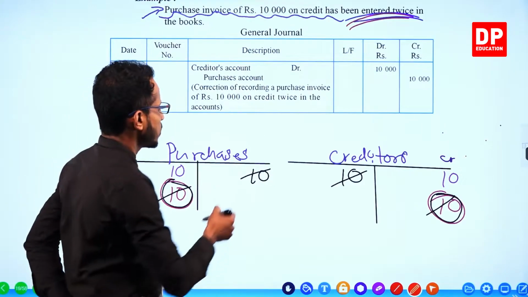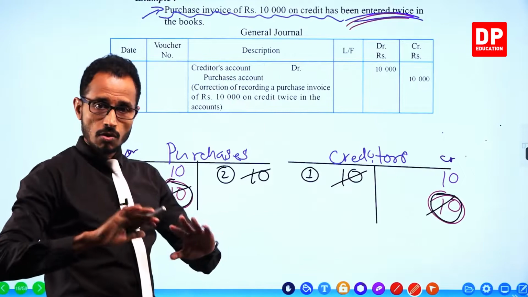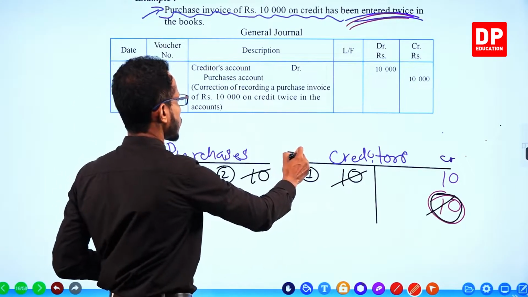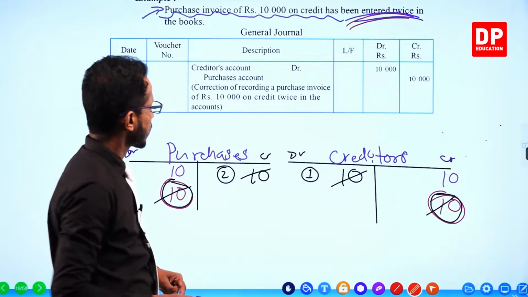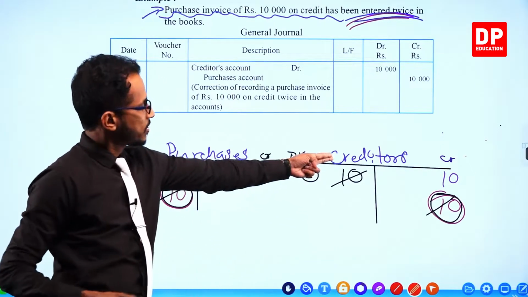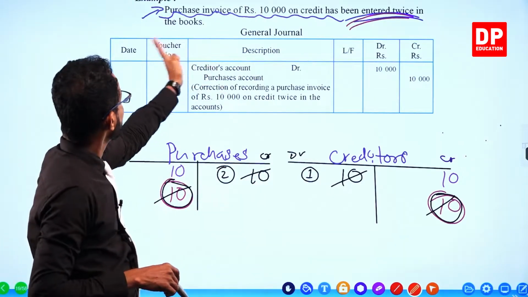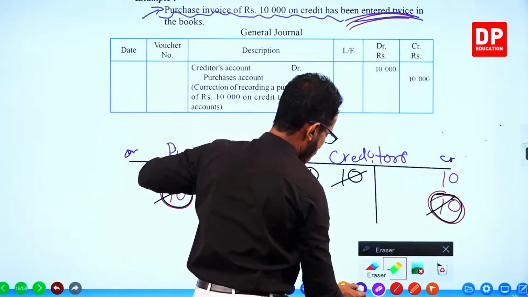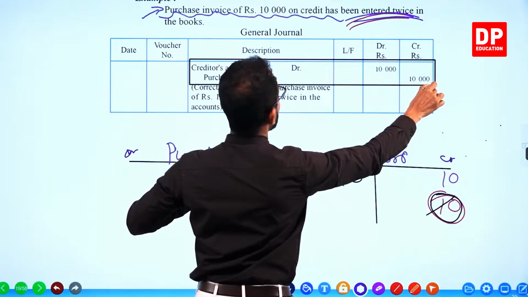That is the entry. So first entry, second entry, the double entry is already decided. Creditors account should be debit. Purchases account should be credit. Okay, that's it. Creditors account should be debit. Purchases account should be credit with 10. That's what they have given here, see?